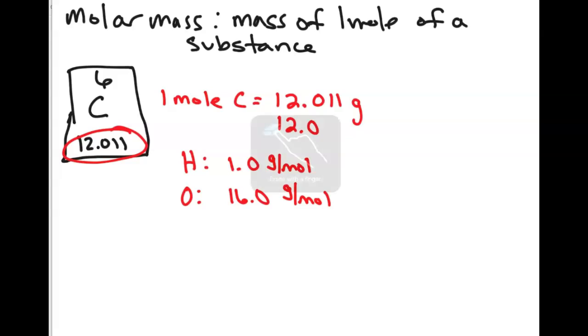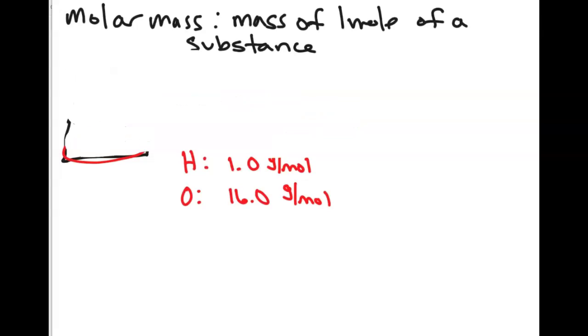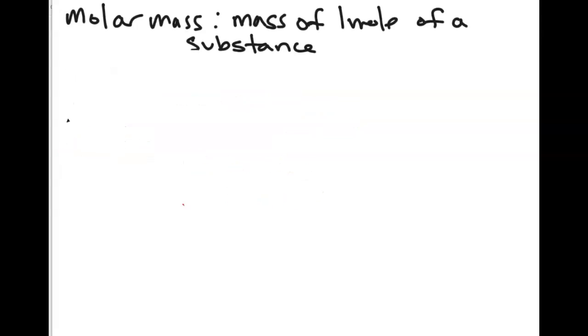Suppose we want to put elements together. We want to look at a compound. So let's start with something simple like sodium chloride. I'm going to apologize now if I get any of these masses wrong. I don't have a periodic table in front of me, so I'm doing these from memory.